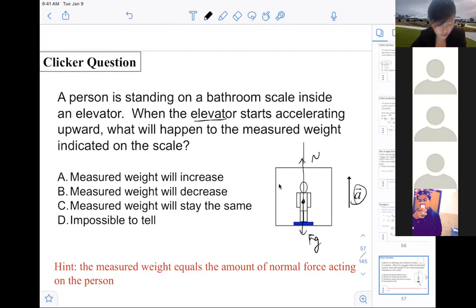So there is a hint that how much weight the scale displays will depend on how much normal force the scale provides you. So we change the problem to looking at how normal force compares with weight, right?